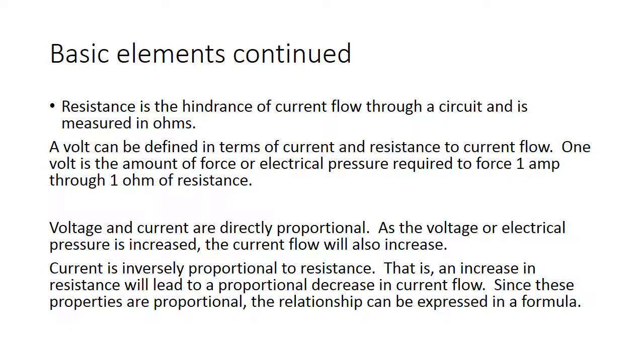What that means is that if there's an increase in resistance, this will lead to a proportional decrease in the amount of current flow. And since all of these properties of an electrical circuit are proportional, the relationship can be expressed in a formula. That formula that we use to analyze these various properties is called Ohm's law. So let's talk about that.